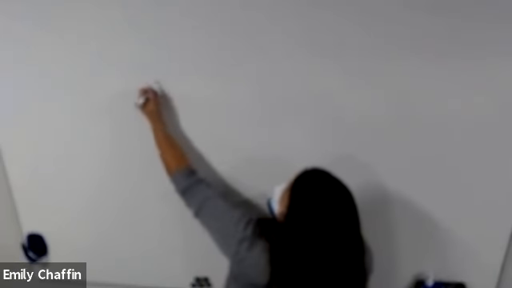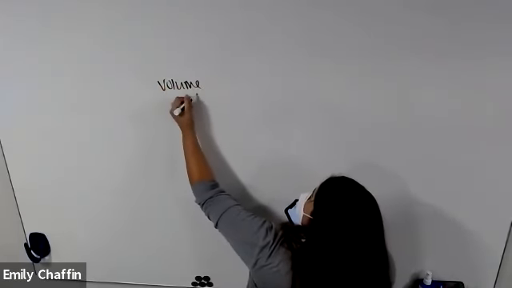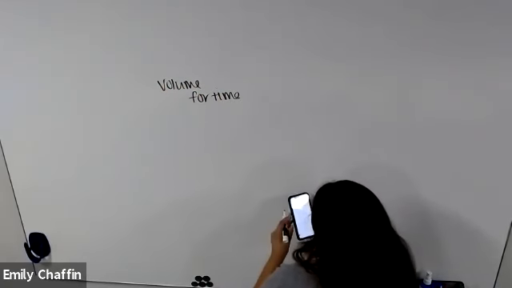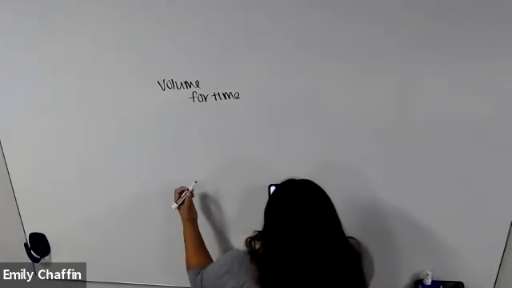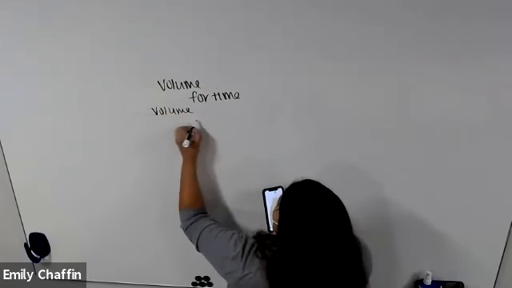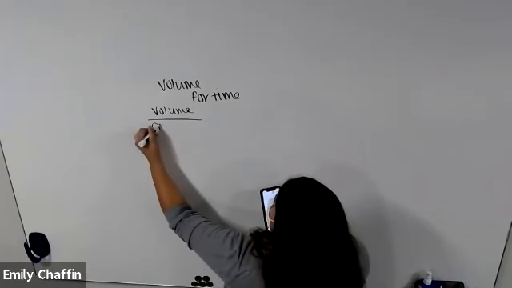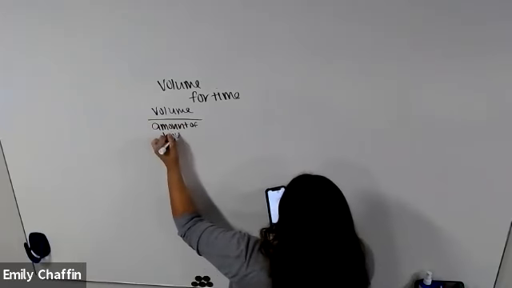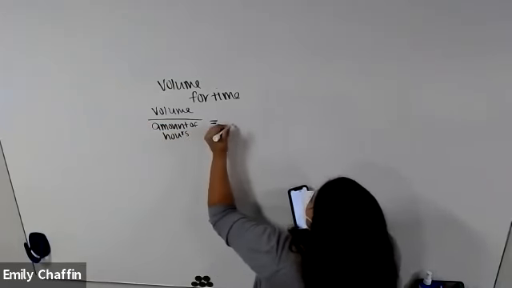Another one is volume for time. So the formula is the volume of what you're going to give to your patient over the amount in hours will give you your flow rate.